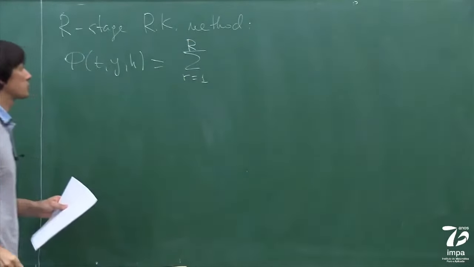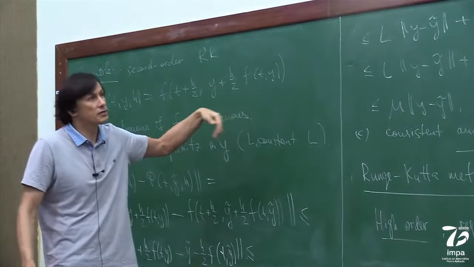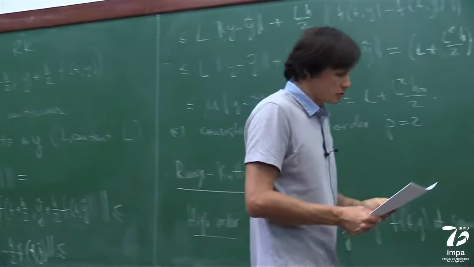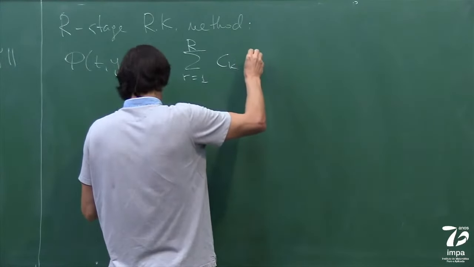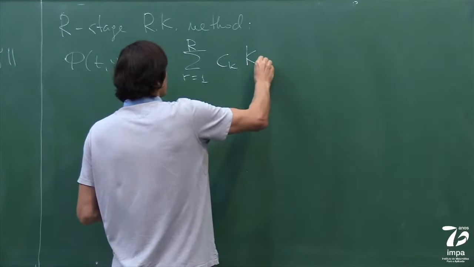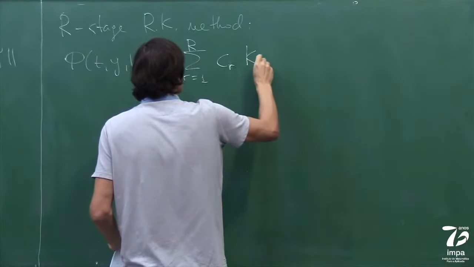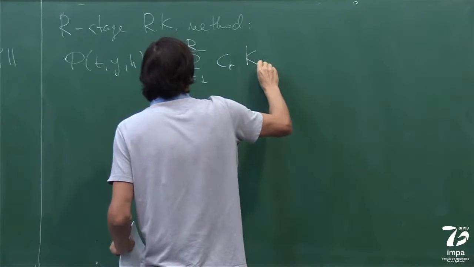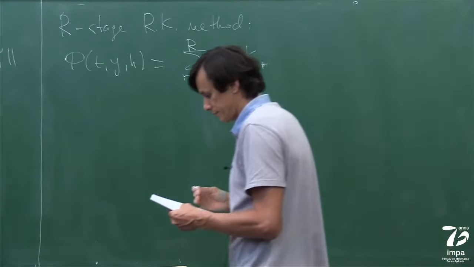So r stage is essentially this. This is two stage: you compute once and then put another inside. So the stage is how many compositions essentially you do. So this is a function, a linear combination of c_r k_r terms.